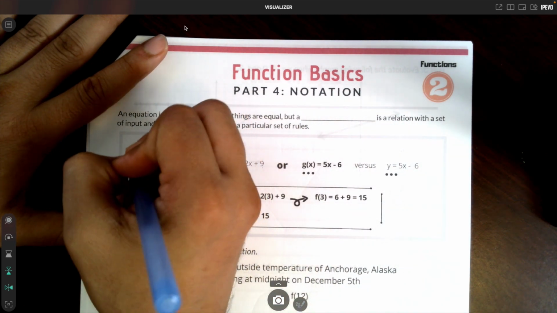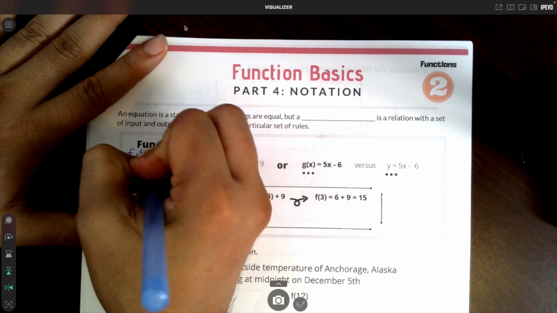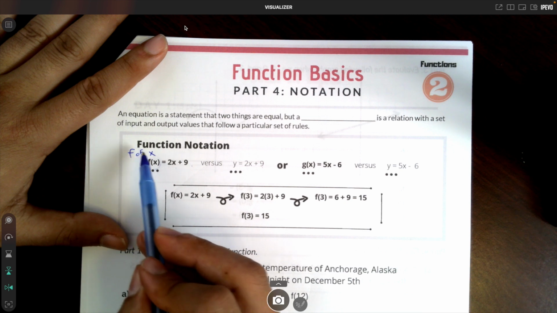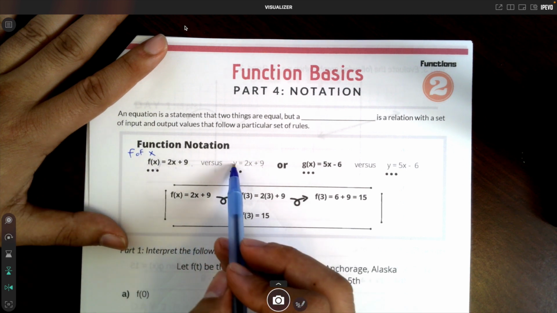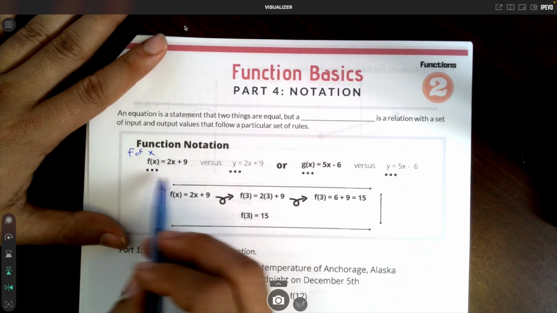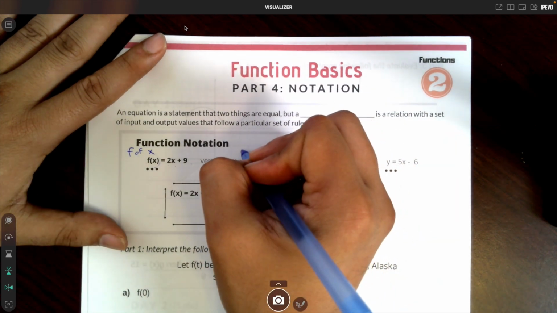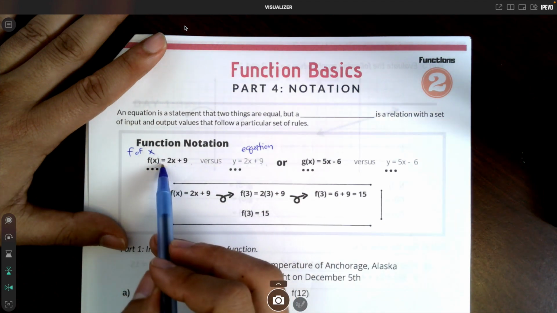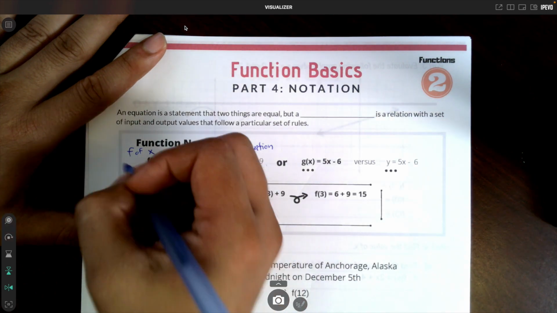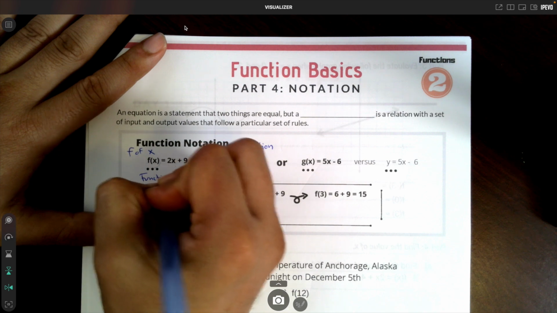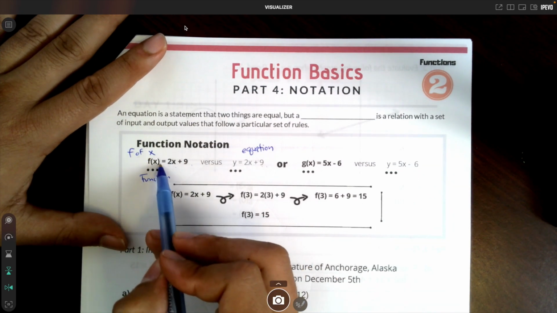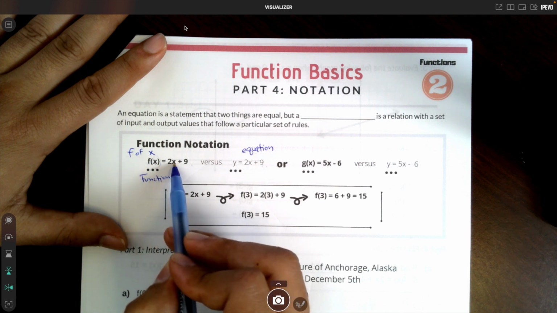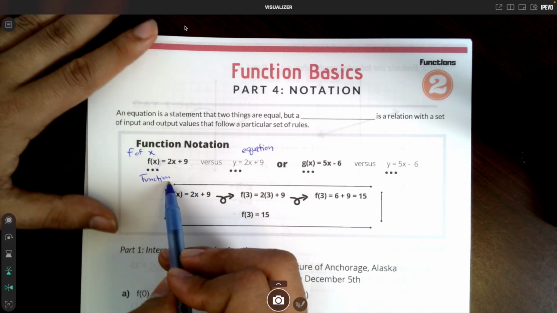F, and then the parentheses with x. This just says y equals. So anytime you see y equals, this is called an equation. Technically, this is also an equation, but now this is a special equation. This is a function. So anytime you see the parentheses and the variable inside the parentheses, the same variable over here, that's how you know it's a function.